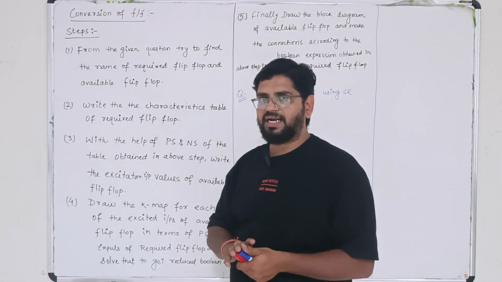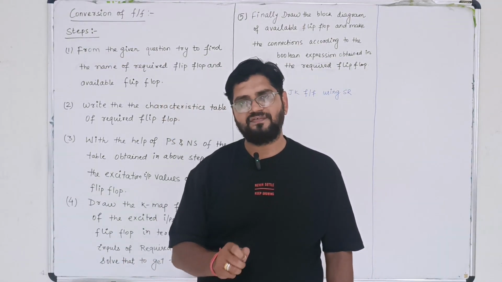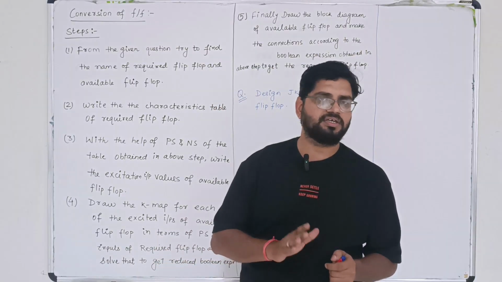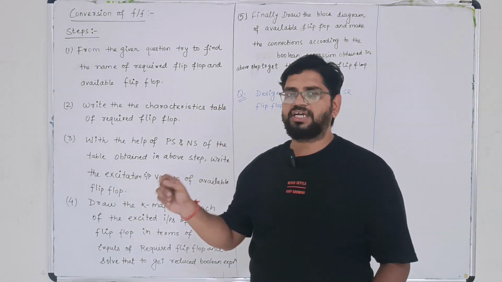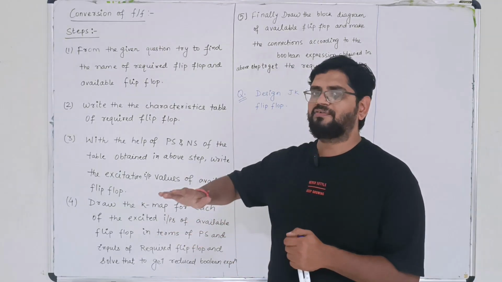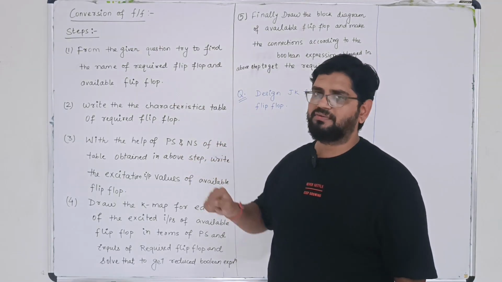Now, once you are done with that, the second step is to write down the characteristic equation of the required flip-flop. It's a simple thing. You need to write down Qn, then the inputs of that required flip-flop, and from there you need to derive the next state, and you have to make a table out of that.